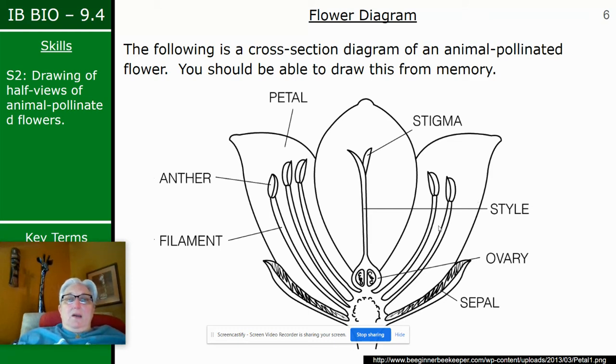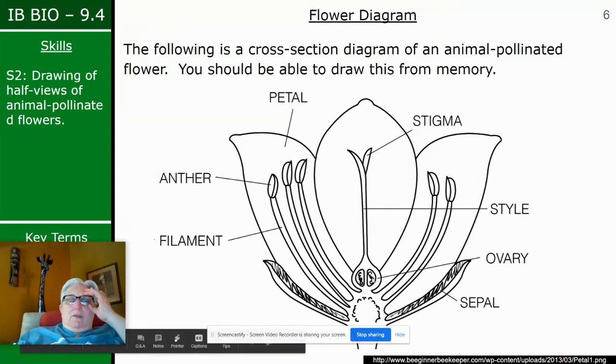They'll ask you to draw an animal pollinated flower, and you would have to have all these pieces shown here. So here is the female reproductive organ, right? Sticky stigma, so the pollen can attach easily. The style, and then the ovary, where the pollen is going to develop into a seed.